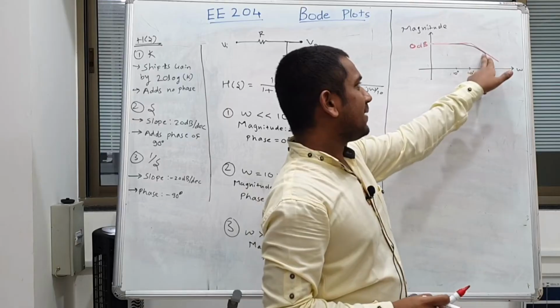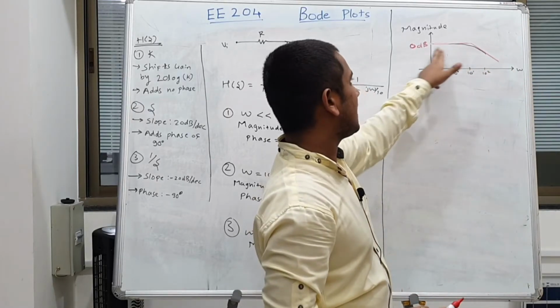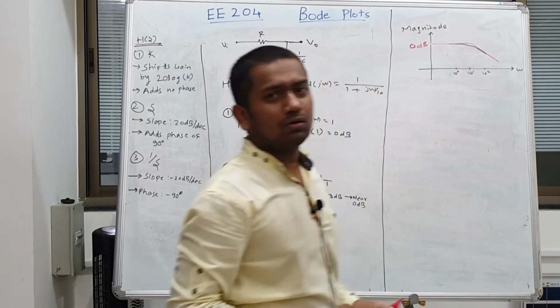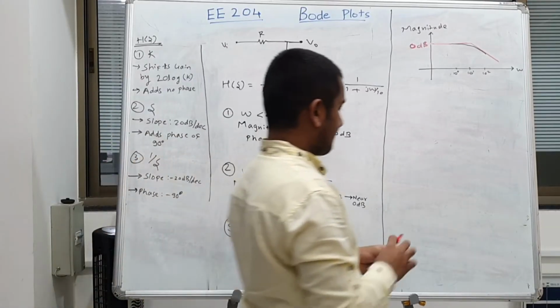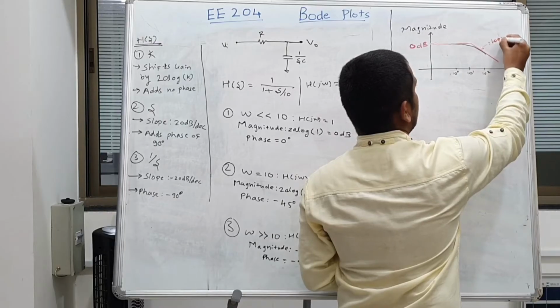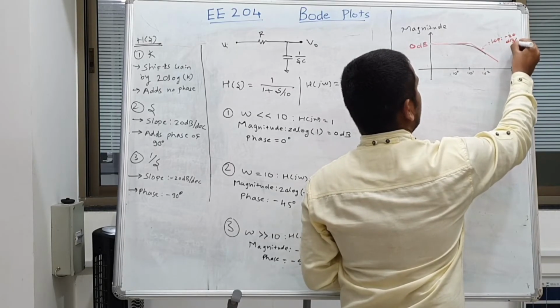But it exactly matches at much higher and much lower frequencies, and the difference is small, that is minus 3 dB. The slope we got is minus 20 dB in 1 decade.